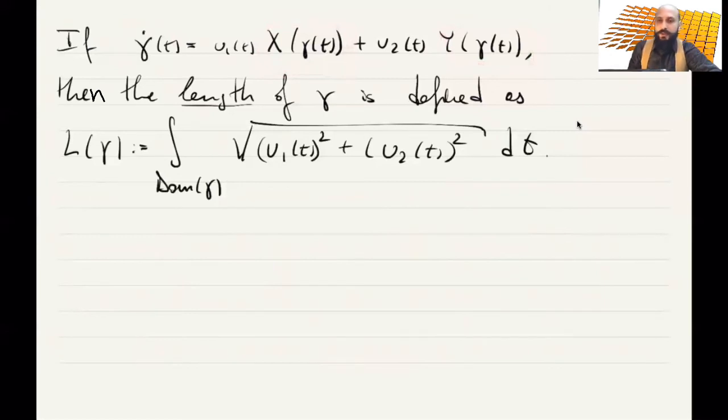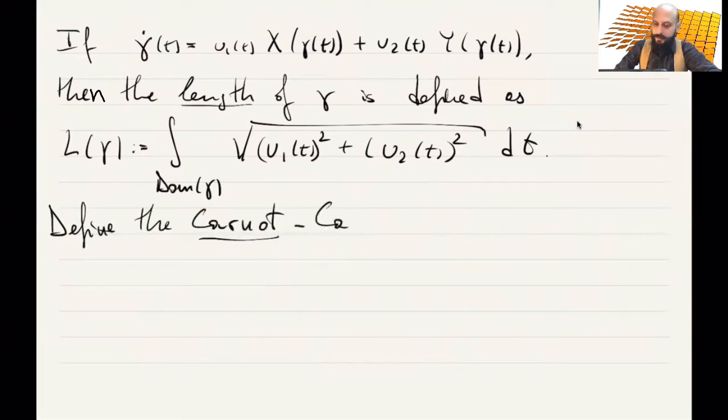Now that we know how to measure the length of horizontal curves, we define the Carnot-Carathéodory distance.